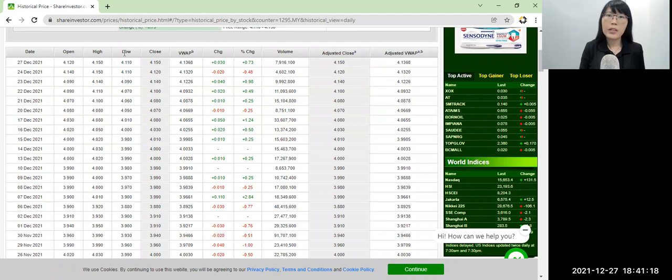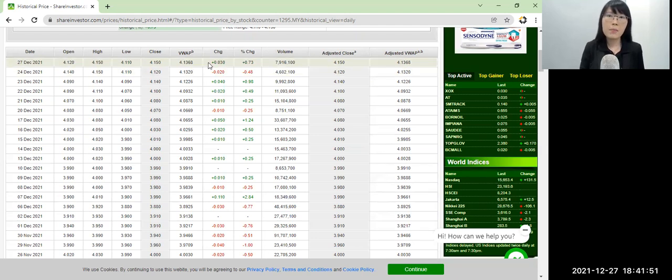Based on this, we can know on a particular day what is the open price, the high price, the low price, and the close price for Public Bank. What is the highest price on a single day and what is the lowest price on a single day. You can also see the closing price, volume weighted average price, and also adjusted close.